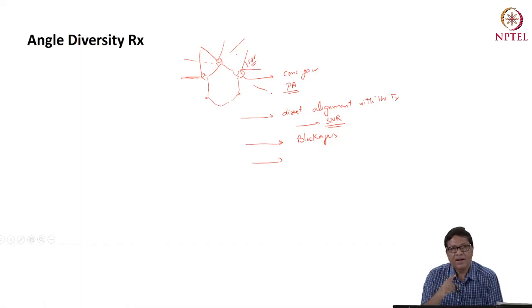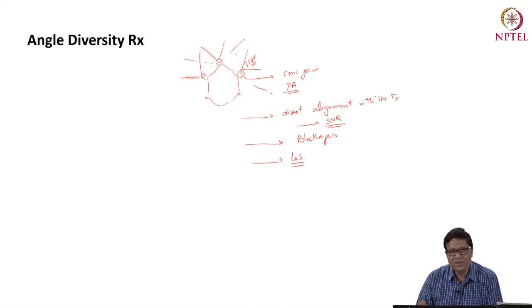And since there is a direct alignment, you may not be getting signals from other sources or from reflection. You can always design your reflection coefficient in such a way that not enough non-line-of-sight component is falling onto the receiver. There is only a LOS component falling.